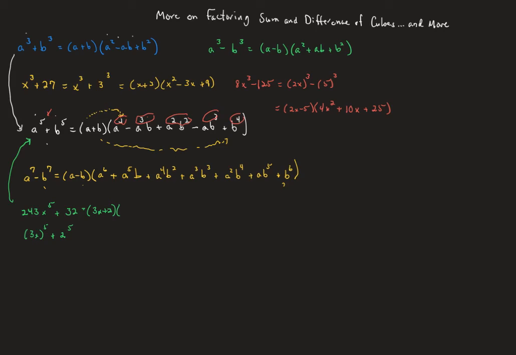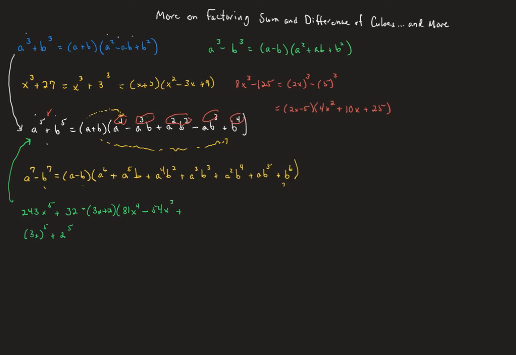So 3 to the fourth is 81, so that's going to be 81 x to the fourth, and we have no b's, no 2's. We're going to alternate signs, so that's going to be a minus. Now I'm going to take 3 to the third, which is 27, times a b, which is a 2, and 27 times 2 is 54, x to the third.